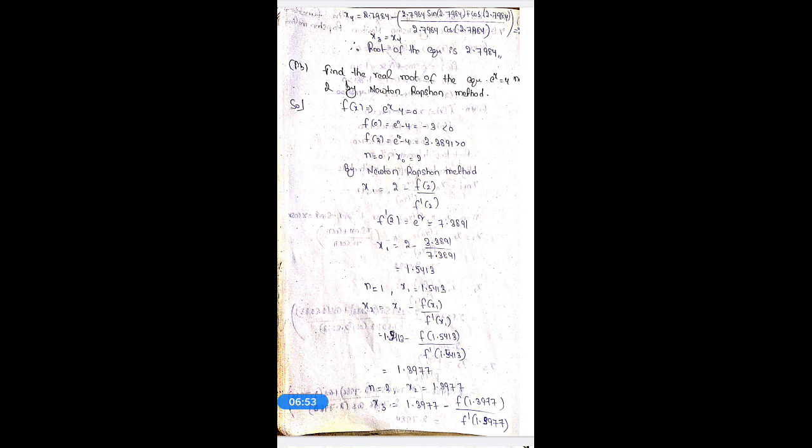For 3 decimals, x3 is approximately equal to x4. Therefore, a real root of e^x - 4 = 0 nearer to 2 is 1.386. This is the answer.